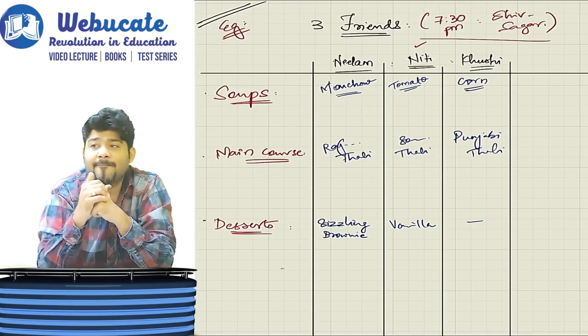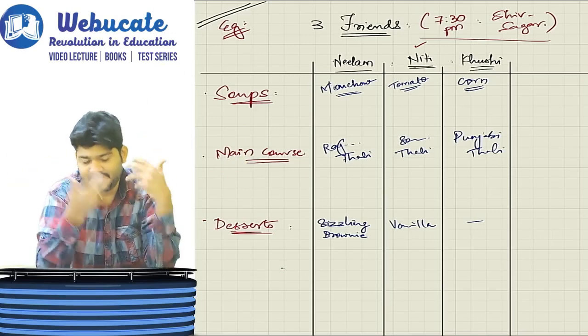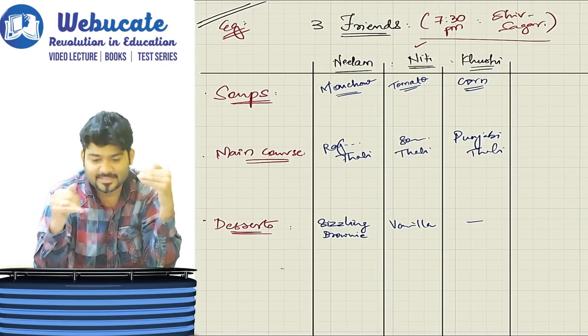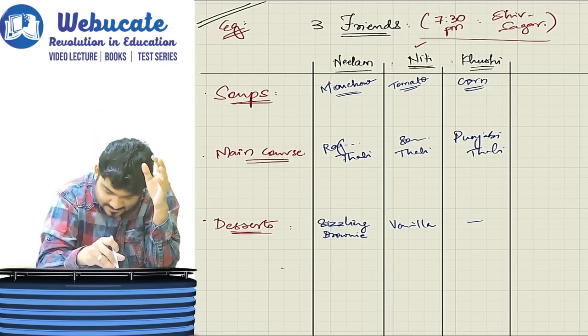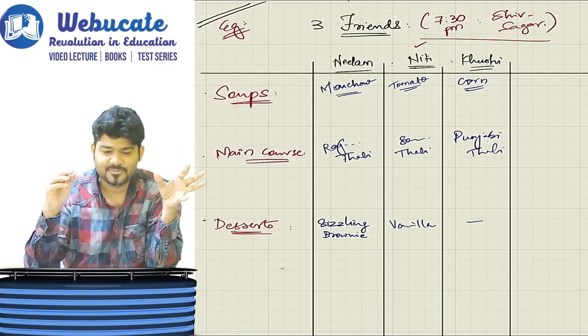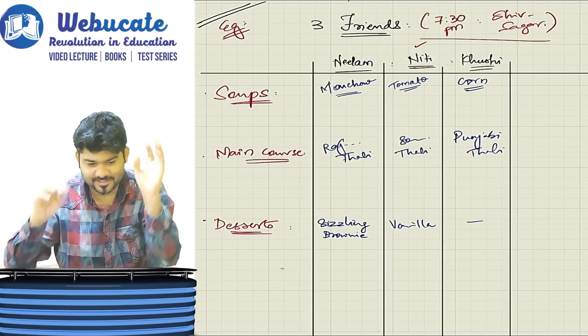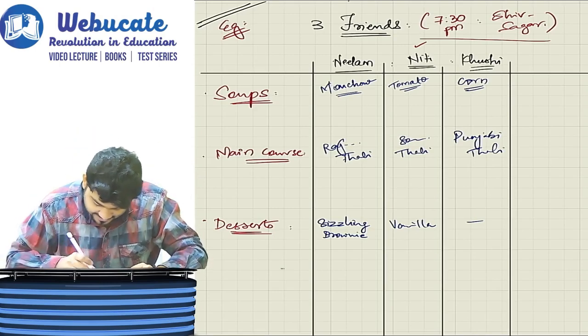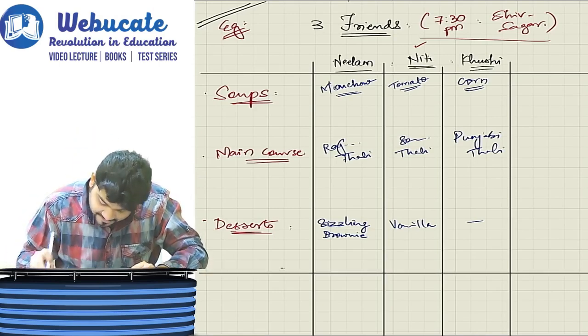We give the order to the waiter. Now what? The waiter brings it. We have eaten it. Now what next? Desserts are also done. Can I say we will ask for the check? Correct. Soft, supari and everything, you will get it for free. No need to order that. Now can I say we will order for the check?